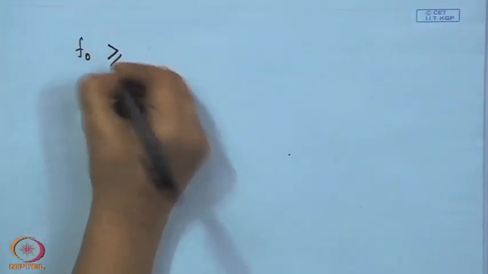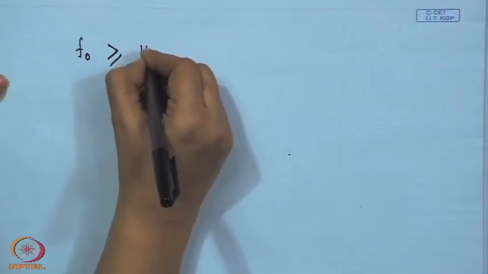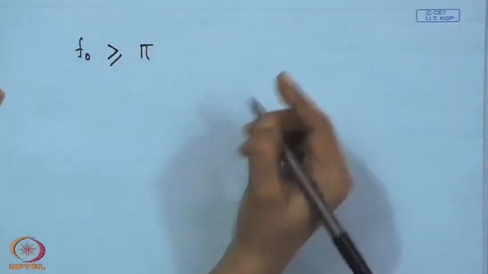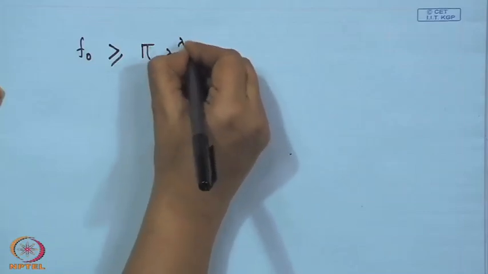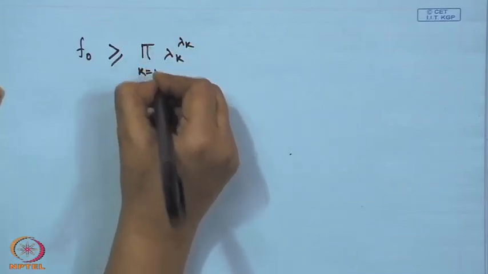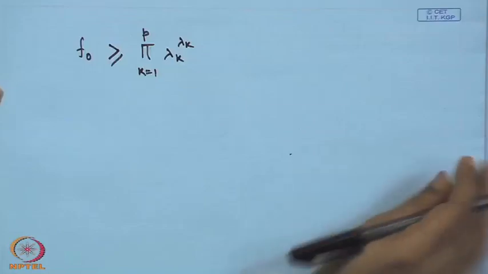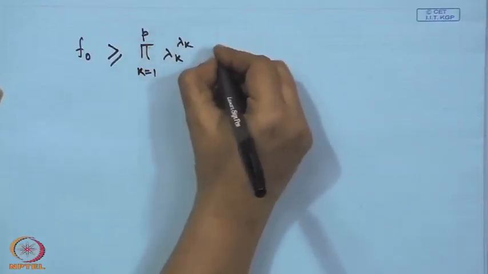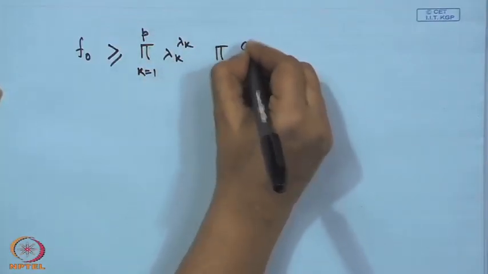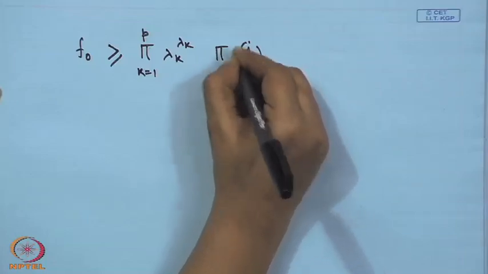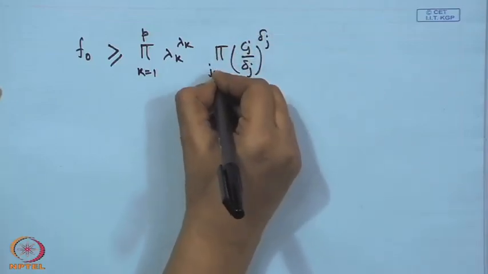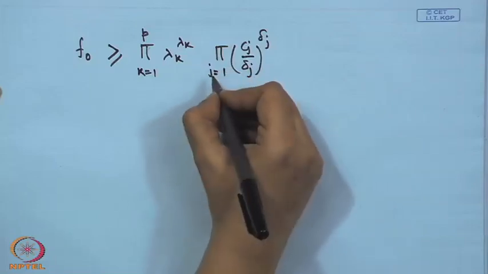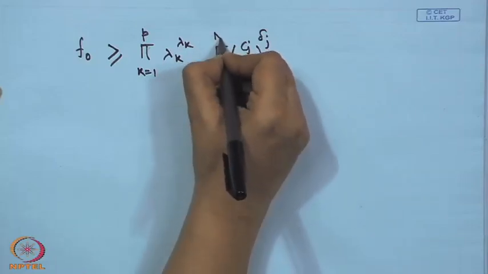Thus, we can write f naught greater than or equal to, and for all k we are getting lambda k to the power lambda k. That is why this is lambda k to the power lambda k, k is for p number of constraints, that is from 1 to p, and we will have Cj by delta j from the objective function as well as from the constraint. That is why if we consider all together, it will just vary from 1 to n p.